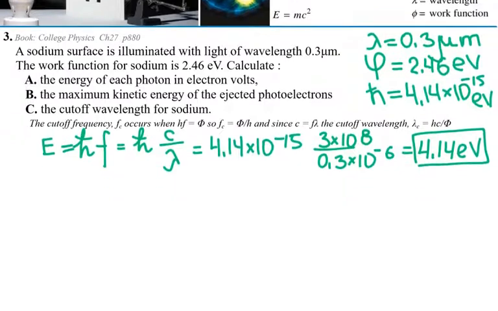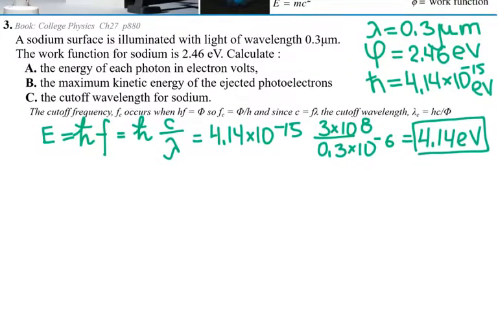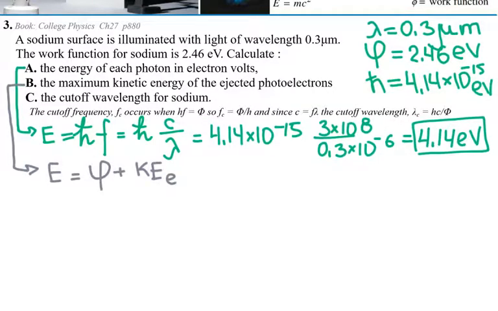For part B, they ask to find the maximum kinetic energy of the ejected photoelectrons. So this was for A. I'm going to do B in different colors. So this is my B. You know that the energy of the photon is equal to the work function plus the kinetic energy of the electrons after they are ejected.